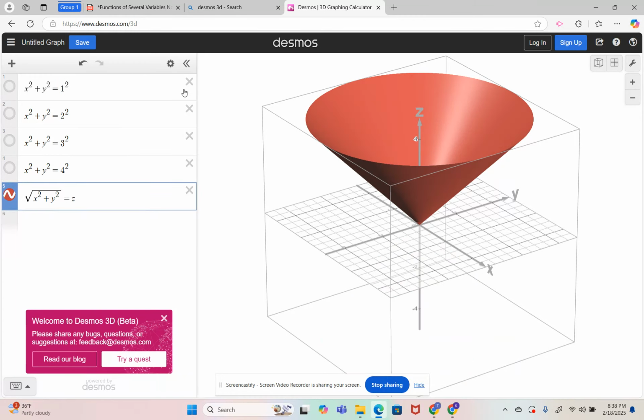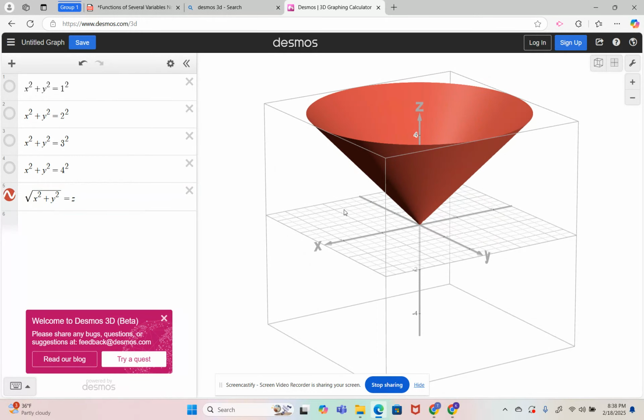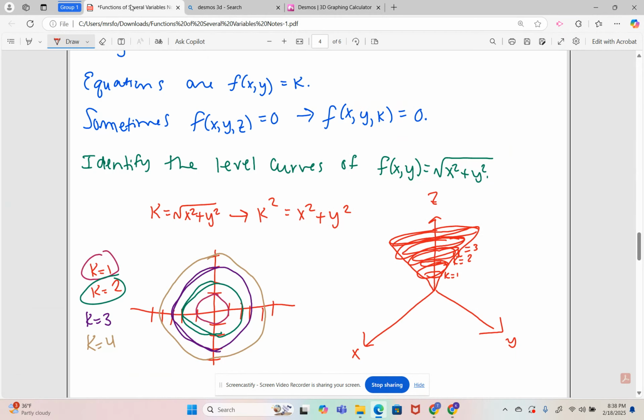So you can see if you had typed it in the original way, it shows just the top of the hourglass, so the top of the cone, which is truly what we're looking at. We're not looking at the bottom part. So good. I'm glad that that worked. So you saw a better view of the two-dimensional.